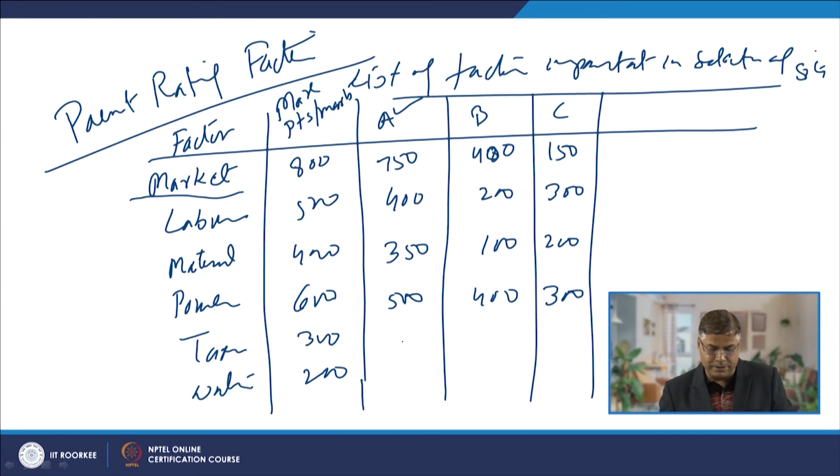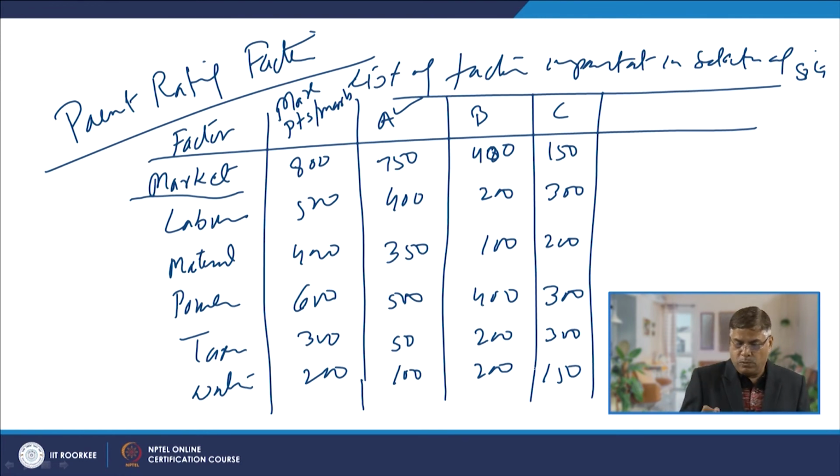If taxation is high for site A, it will be rated poorly, 50, and if taxation is moderate, it will be rated say 200. If taxation is very attractive, maybe no taxation kind of situation, it will be rated 300 out of 300. For water availability, if it is a problem, then 50, like moderate. If it is very good, then 200 out of 200, and if the water availability is very limited, maybe rated 150.